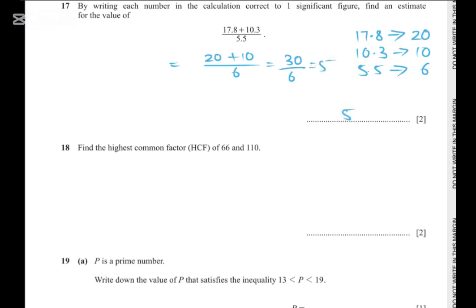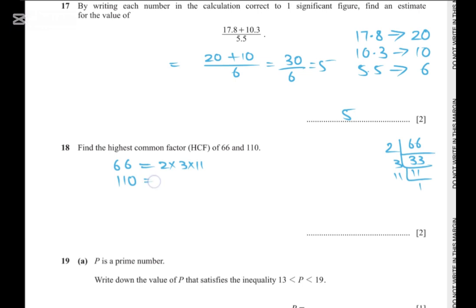The estimate is 5. Question number 18. Find the HCF of 66 and 110, the highest common factor. Write down the factors of 66. You can do the prime factorization: 2 into 33, 3 into 11, 11 into 1. So it is 2 into 3 into 11.